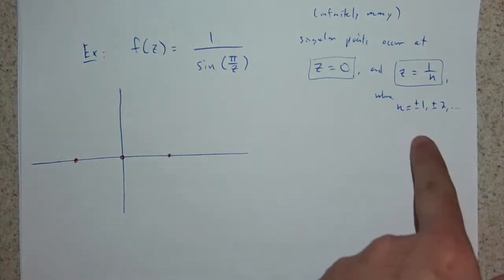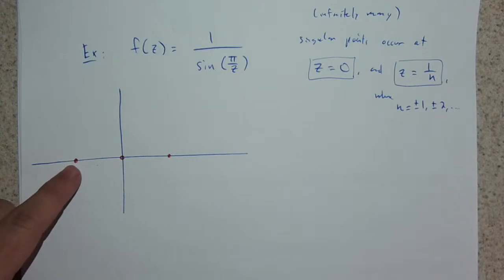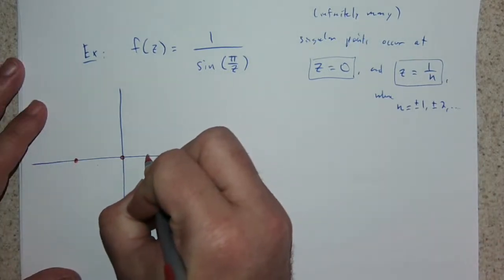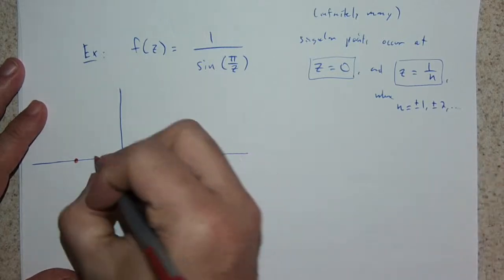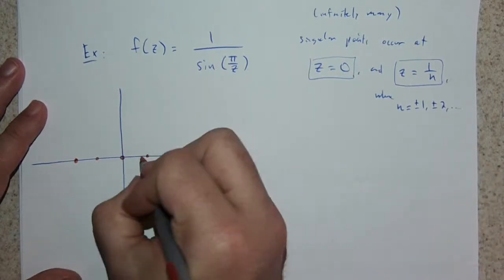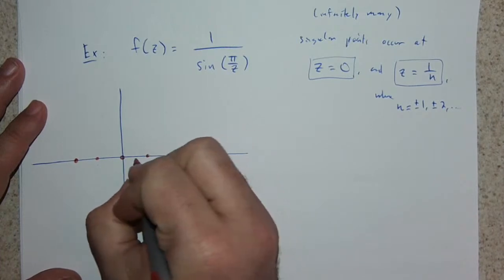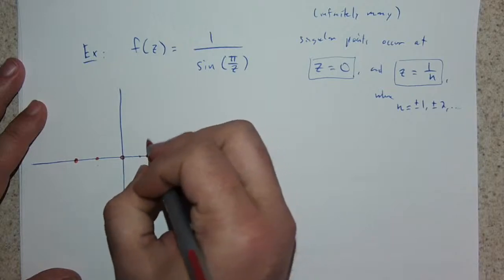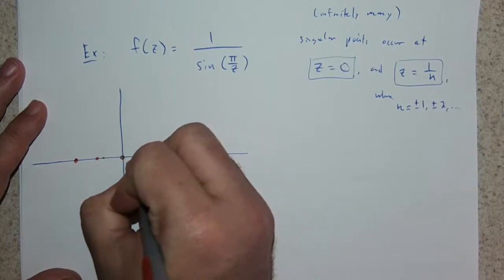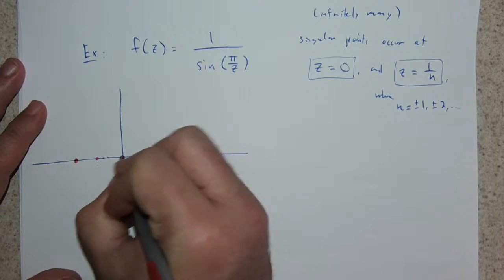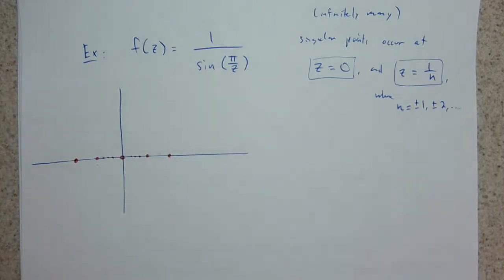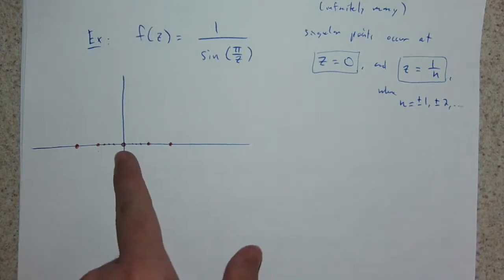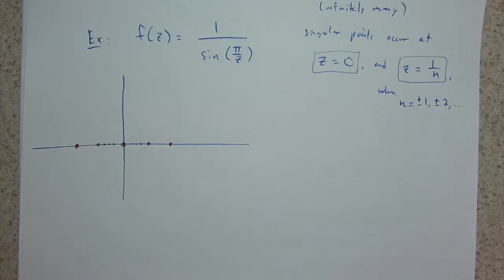When n is 1, there it is. When n is minus 1, there it is. When n is 2, right here it is. And when n is minus 2, looks like that, and so on, right? So then this would be like when n is equal to 3. And it would start to do this kind of thing. Okay, so that's what the picture looks like. So there's infinitely many of those. They're going towards z equals 0 here.